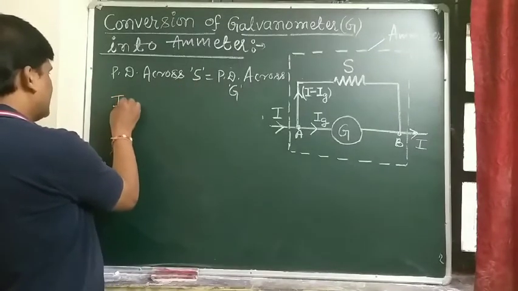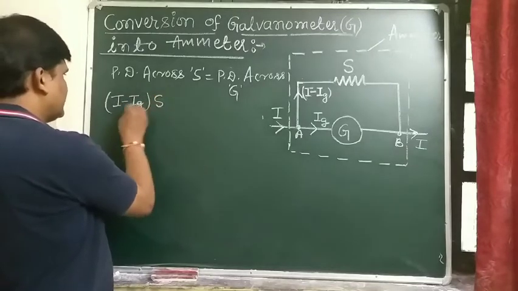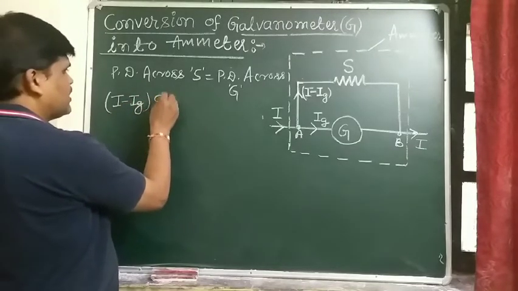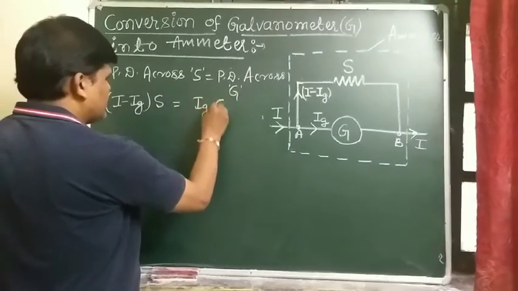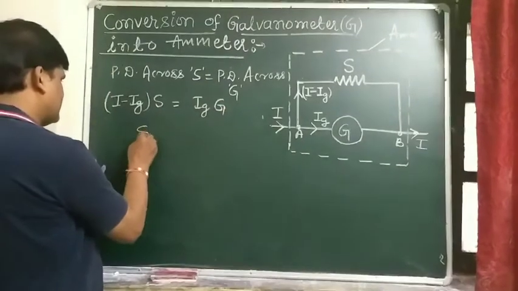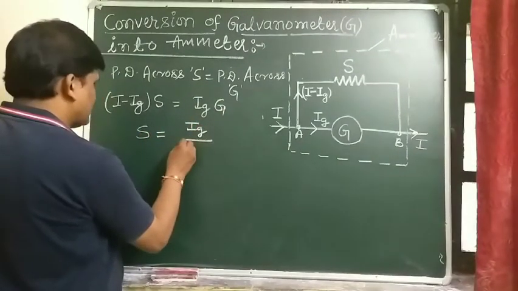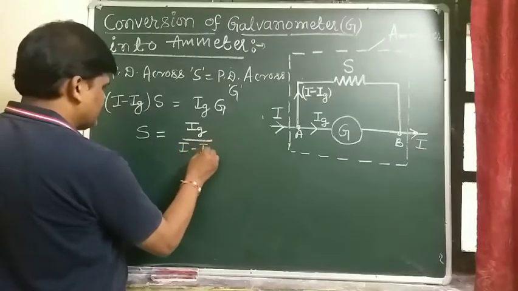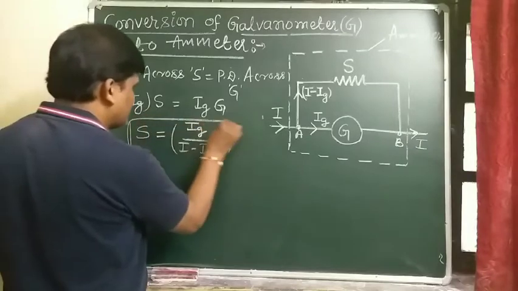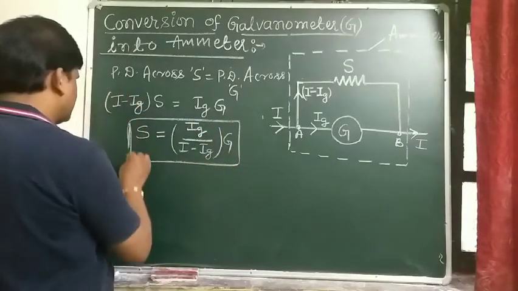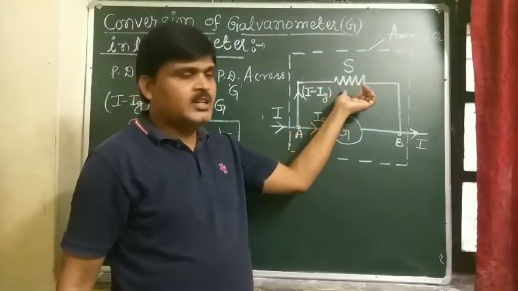So I minus Ig is the current flowing through the shunt resistance, and R is the resistance S. Here Ig times G. What is the value of the shunt resistance? So S equals Ig by I minus Ig, times G. This is the formula for finding the shunt resistance, the low resistance which is connected in parallel with a galvanometer.